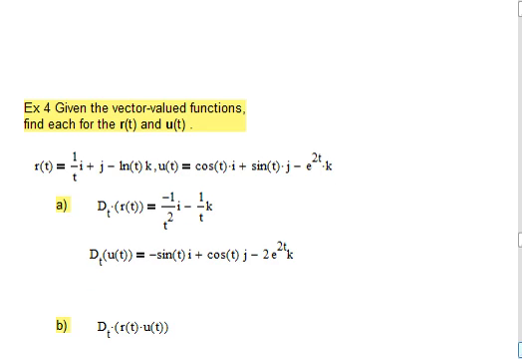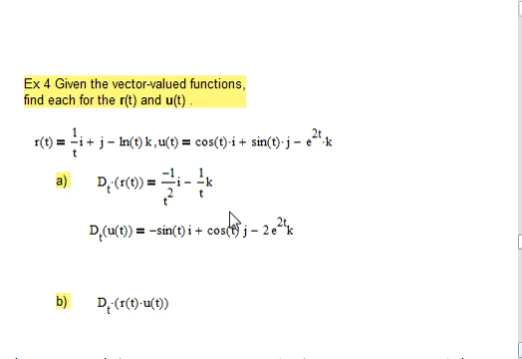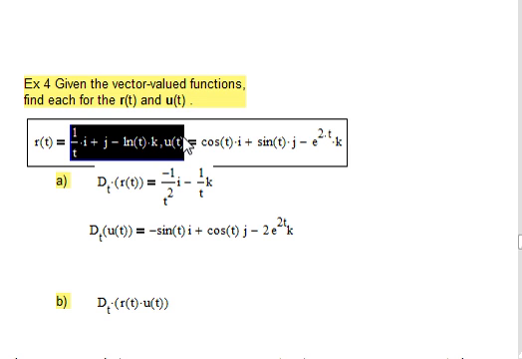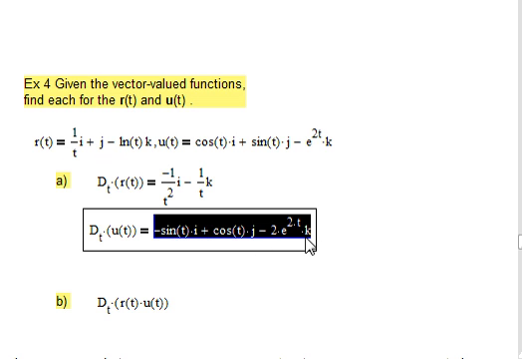Let's see if in fact it is. So the r of t is this vector times the derivative of u of t, which is this vector. Actually, when I say dot, I should be specific.